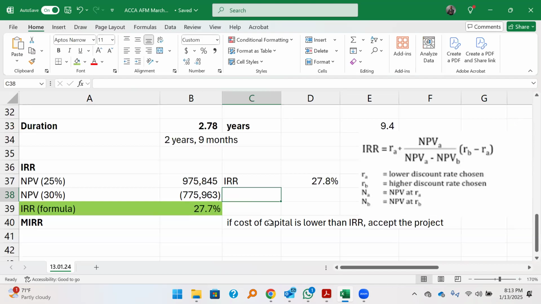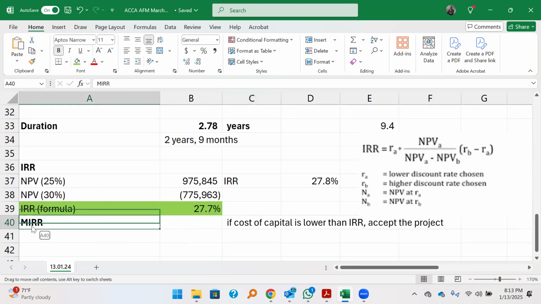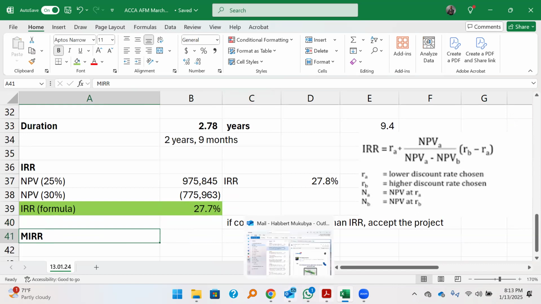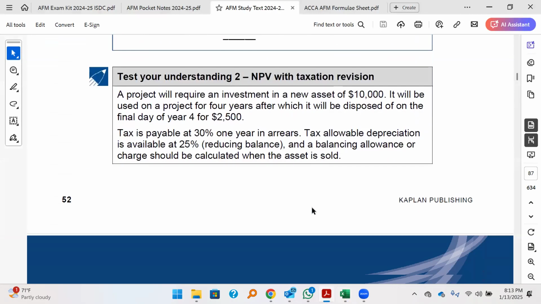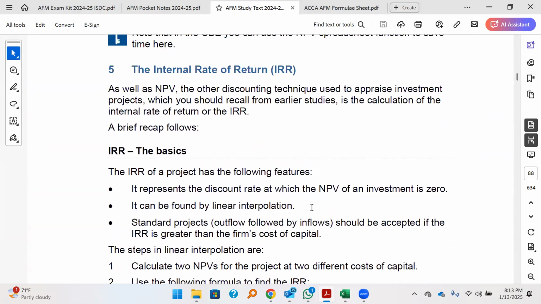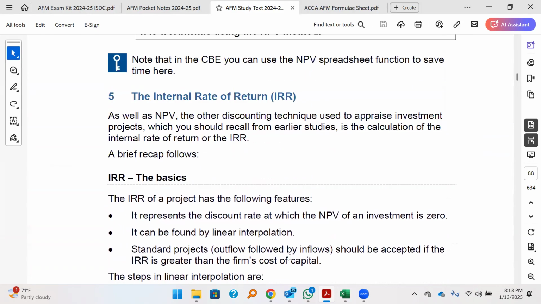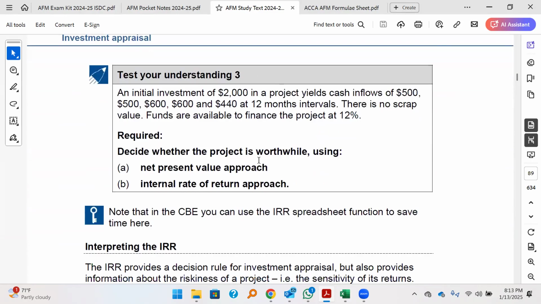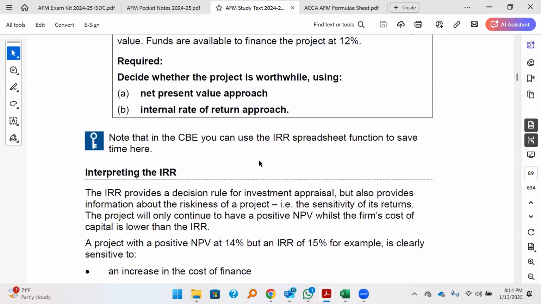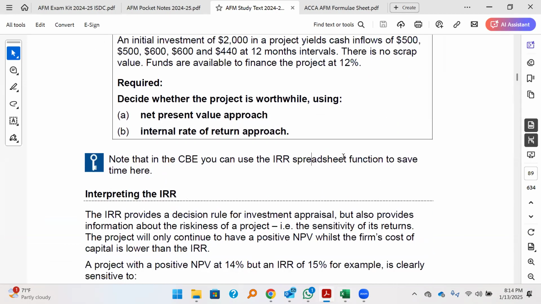But now there is what we call MIRR, as I showed you in the notes. So if we go to the notes and see what they talk about, this is where they talk about IRR, and the formula is given to you, and examples which you can use, and they are telling you that there is a function in the CBE.